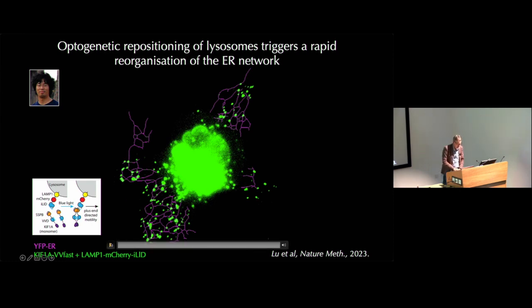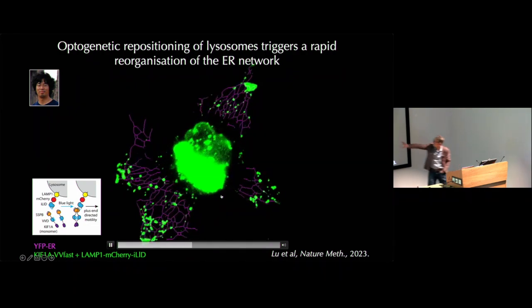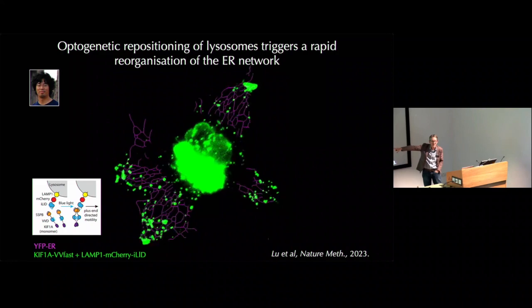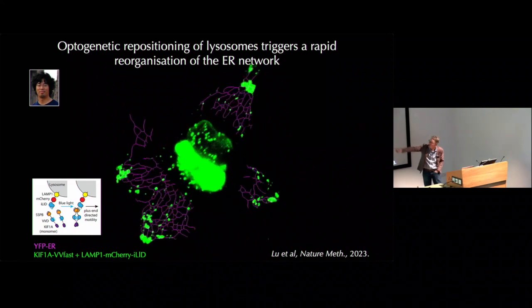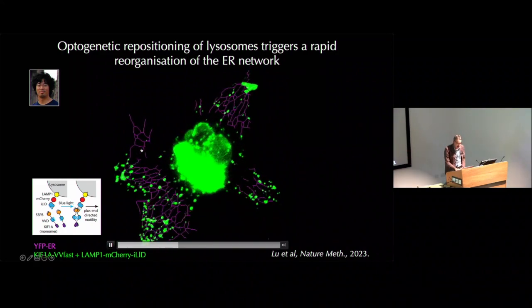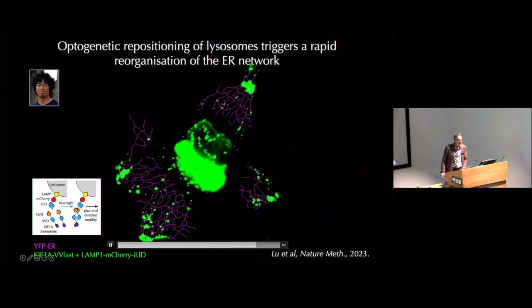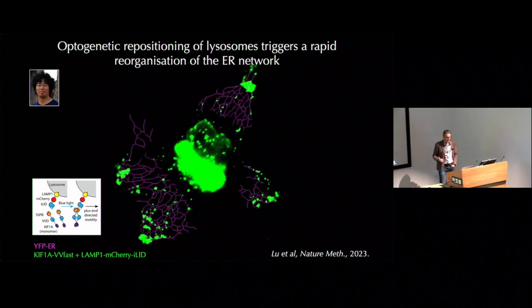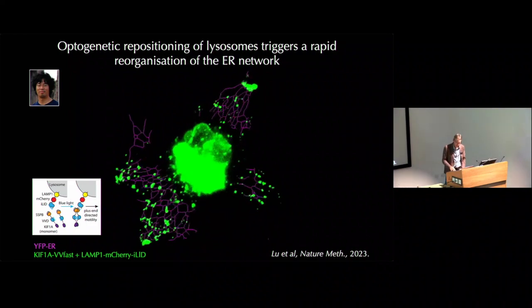So light pulse comes, you see they're all moving out towards the cell periphery. You see massive rearrangements in the ER. And in fact, where there are no lysosomes, nothing happens. So you can see this active role that these organelles take.